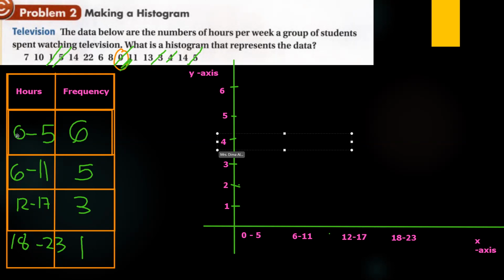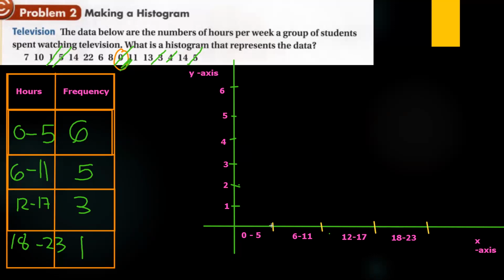Then, from 0 to 5. I told you, it's a histogram, so you have to draw bars for each interval. Let's start with the first one. From 0 to 5, a bar is a rectangle.